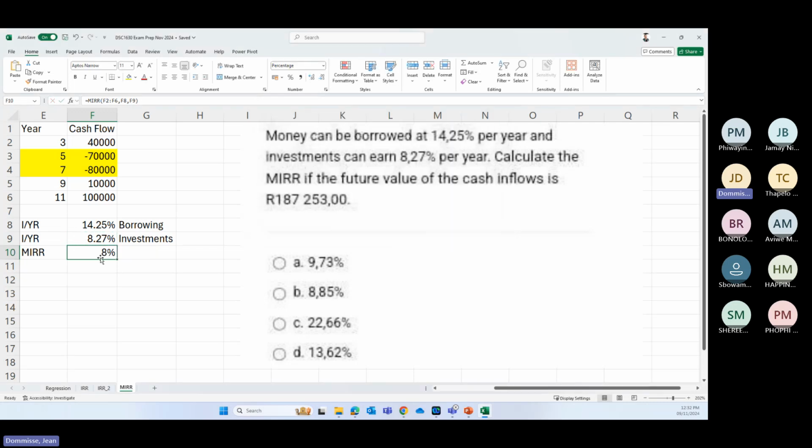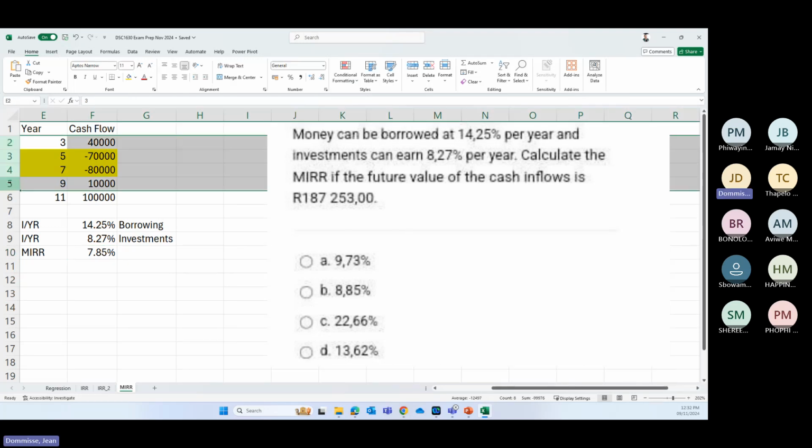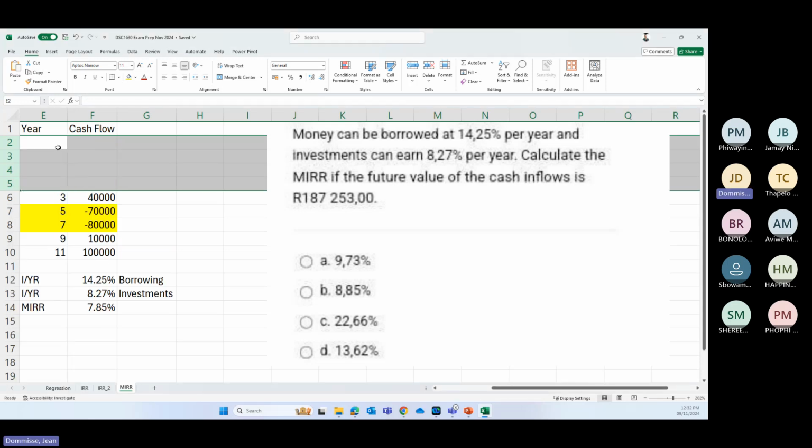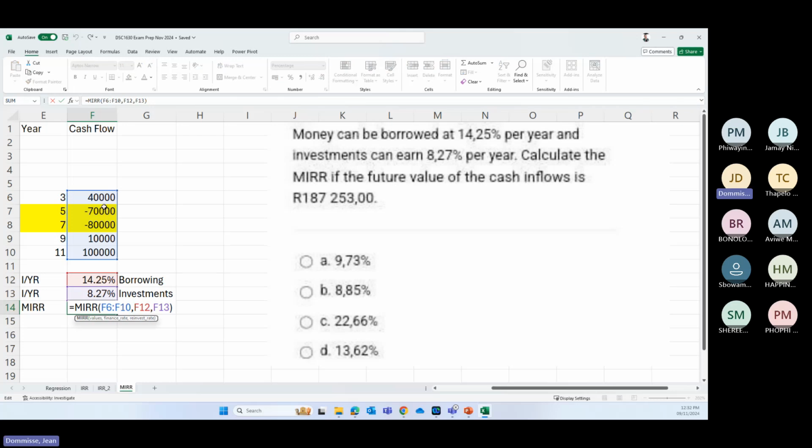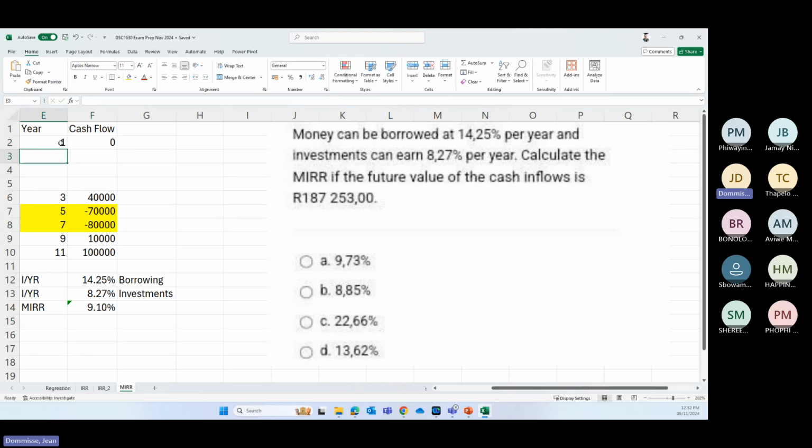So if we look at that, okay, it's not one of those answers at all. So let's just quickly do a few alterations here. And let's just make sure that, so automatically you can see that changes. So let's just say 1020, and you can see how it impacts the answer.